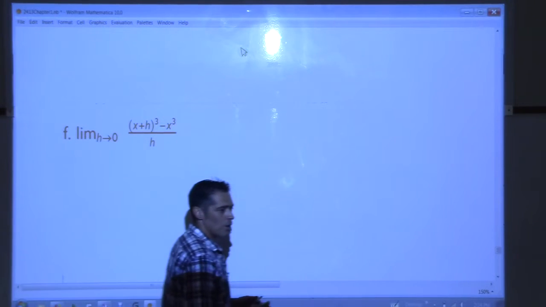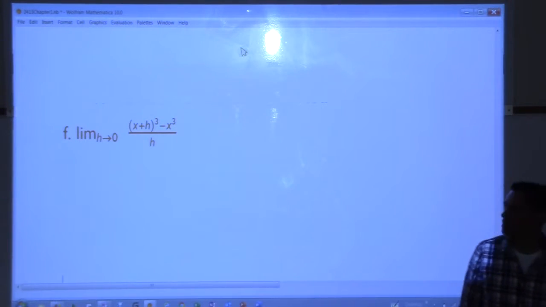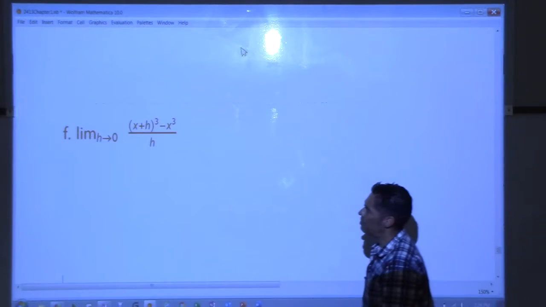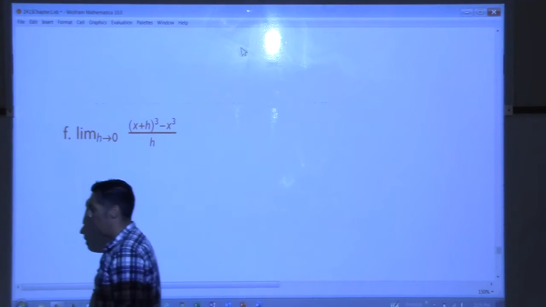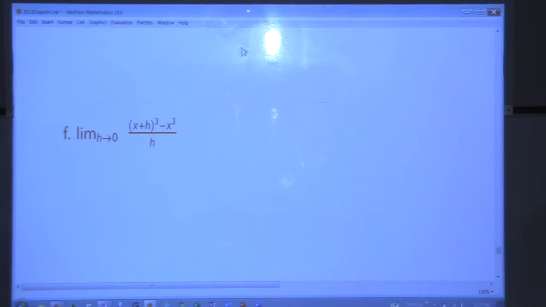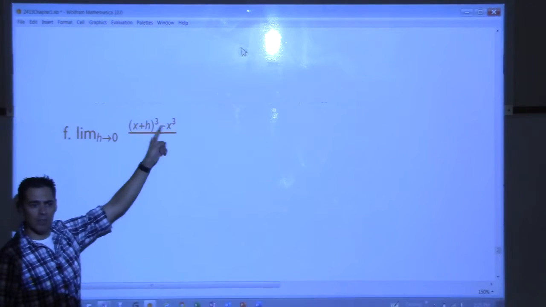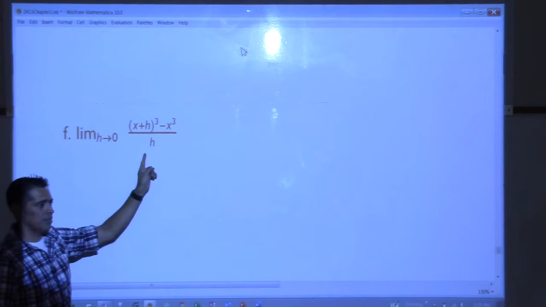Limit as h approaches 0. This time we're using h. h approaches 0 of x plus h, that quantity cubed, minus x cubed, all over h. All right, so let's just check first. What happens when h goes to 0?